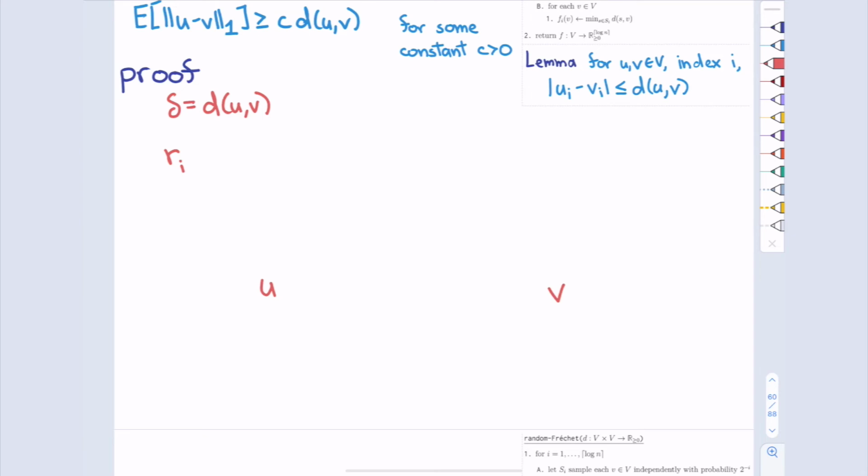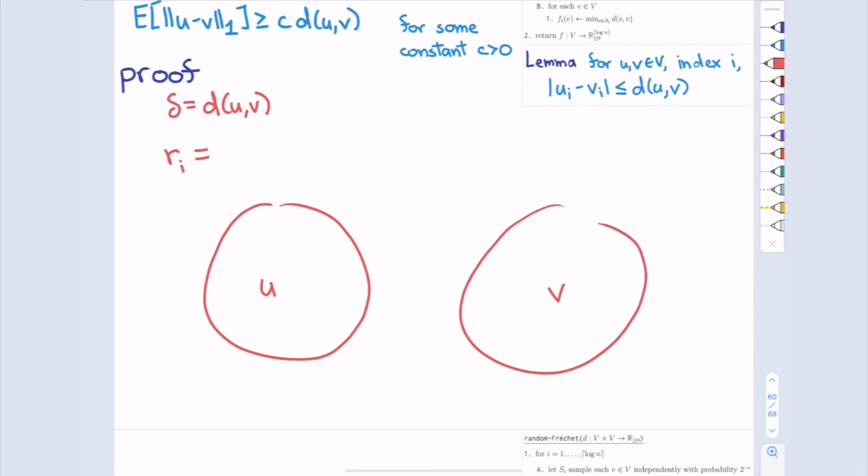I have u and v, and I'm going to try to find a minimum distance r so that both of these sets have at least 2 to the i points. It's possible that one set has many more points.